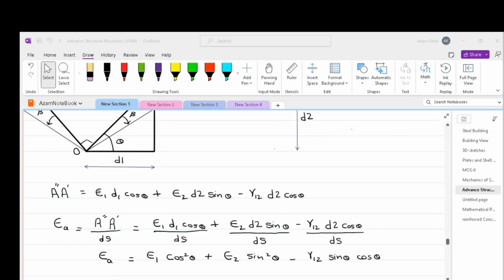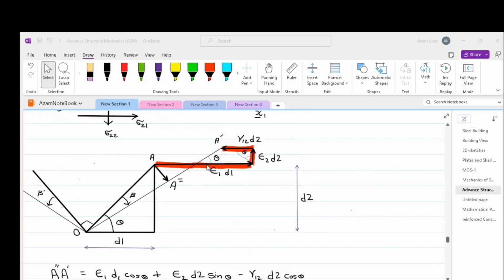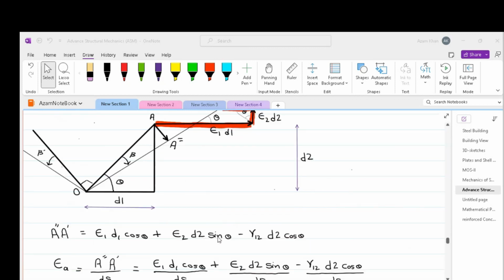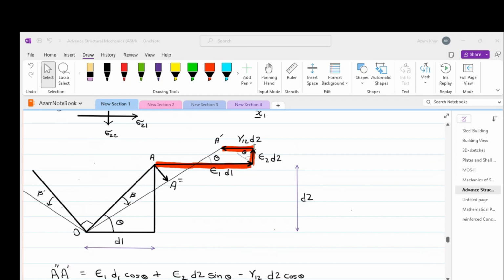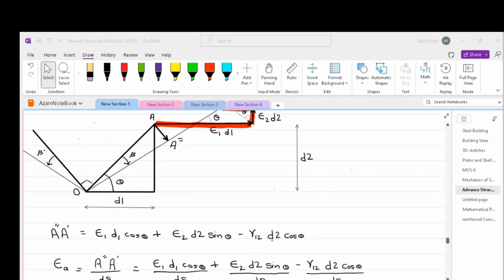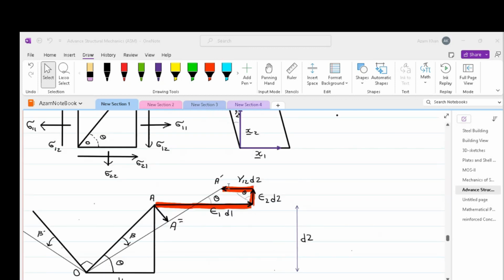Thus, A dash is equal to strain 1 D1 cos theta, the strain 1 D1 component along OA, plus strain 2 D2 sine theta, the strain 2 D2 component along OA, minus gamma 1 2 D2 cos theta, the gamma 1 2 D2 component along OA.